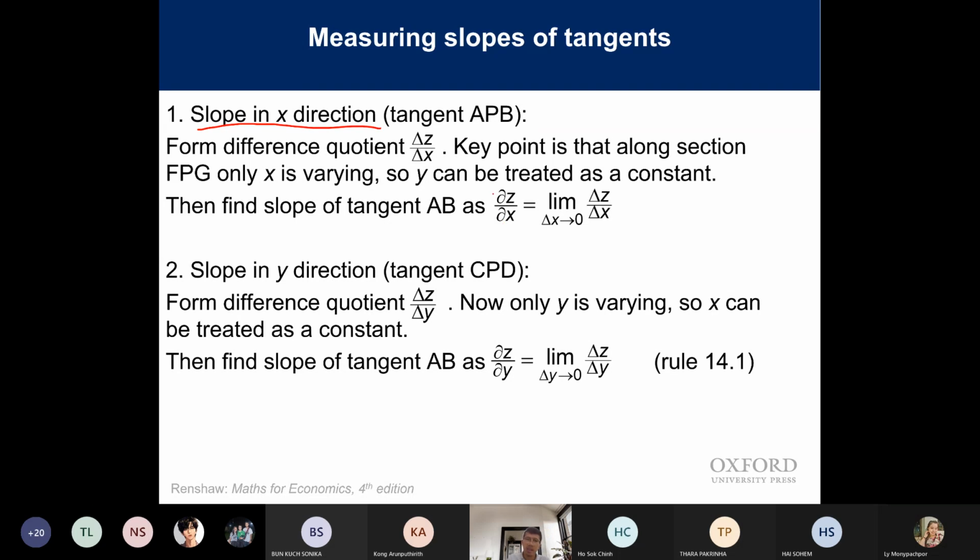Okay, so we denote that by this notation, and please see the comparison to come up with dy over dx.